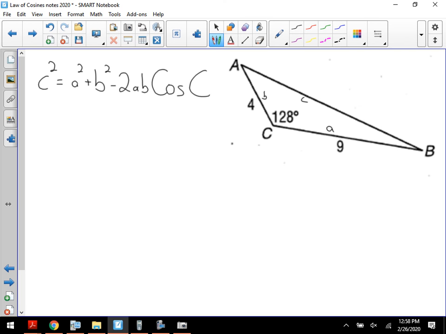Again, the only thing we don't know is little c. When we don't know little c, all we have to do is type all of that in, hit enter, and take the square root. So let's see, little a is 9, little b is 4.